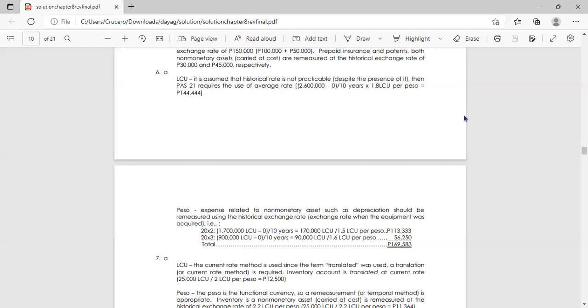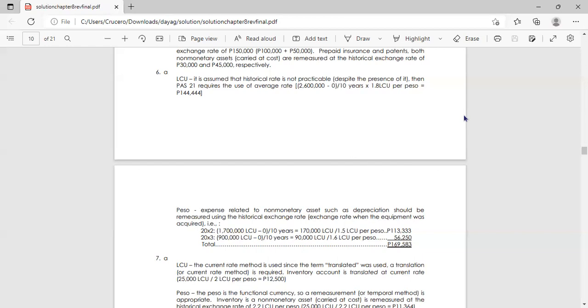The weighted average of exchange rates that were in effect during 2024 was 1.8 local currency units to 1 peso. Assuming that the property, plant, and equipment are depreciated using the straight line method over a 10-year period with no salvage value, how much depreciation expense?